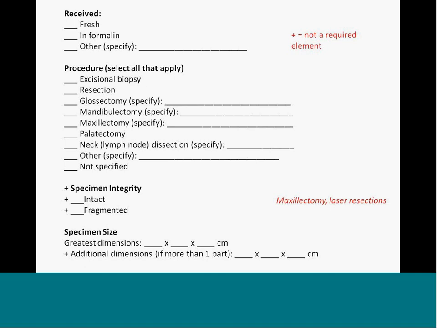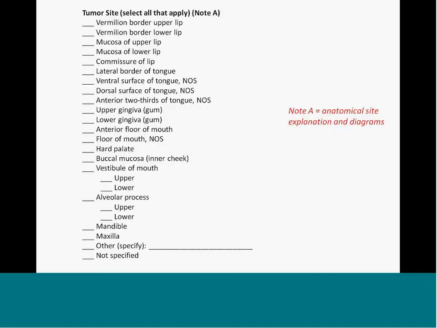The skin integrity, again, does become an issue for some types of specimen, like the maxillectomy I gave, and like laser resection, which can come from the glottis, for instance, as an anterior partial glossectomy and a posterior partial glossectomy section, posterior portion with margins around it. The specimen size, tumor site, these are just identical to the specimen sites that I listed above.